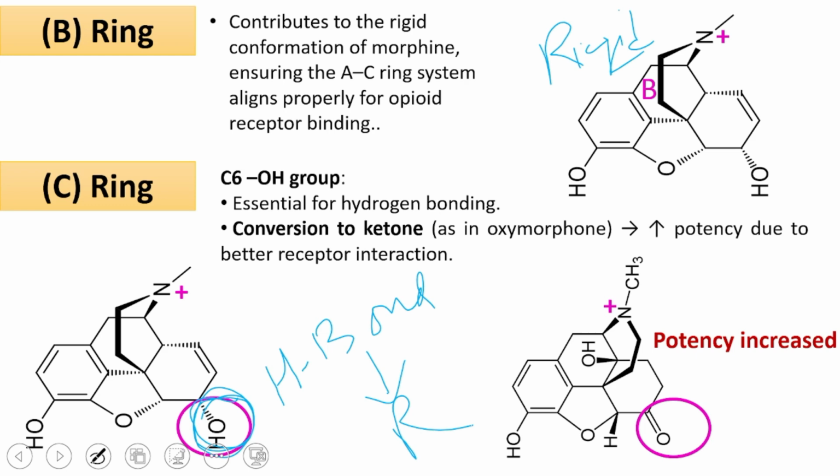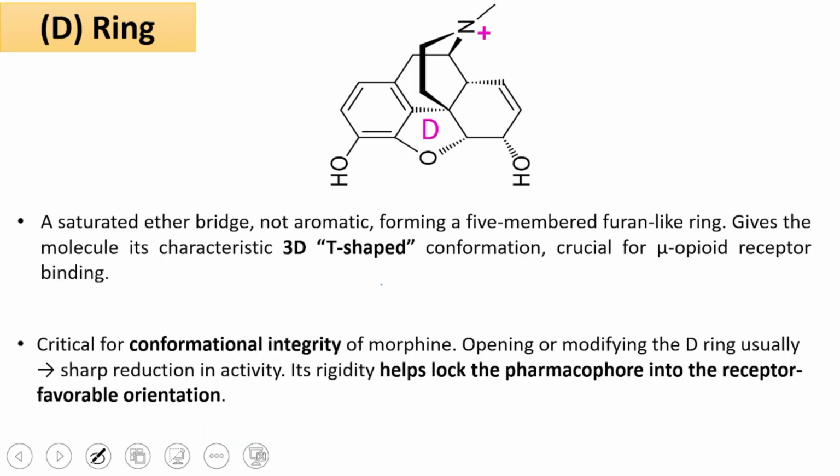If we convert this hydroxy group to a ketone group, the potency increases. So SAR means changing something and increasing the biological impact, here increasing potency due to better receptor interactions.